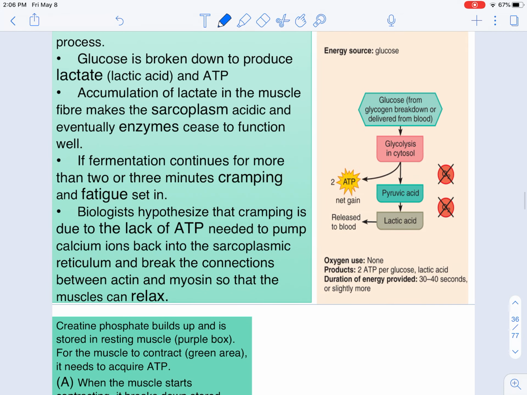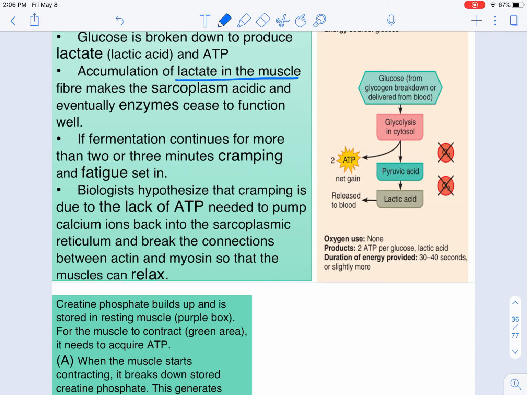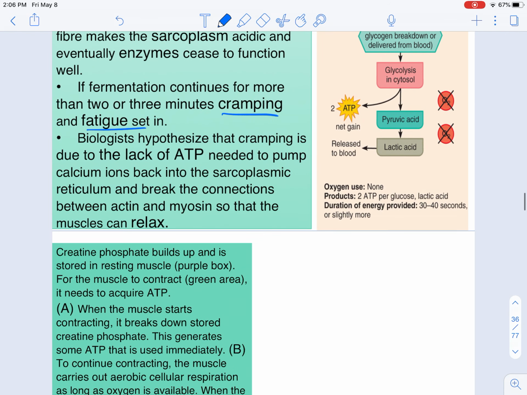Of course, fermentation is going to cause lactic acid buildup in the muscle. And what's going to happen is the lactic acid is making the sarcoplasm very acidic. And so that's why muscle cramps, muscle fatigue, and muscle soreness result from too much fermentation.